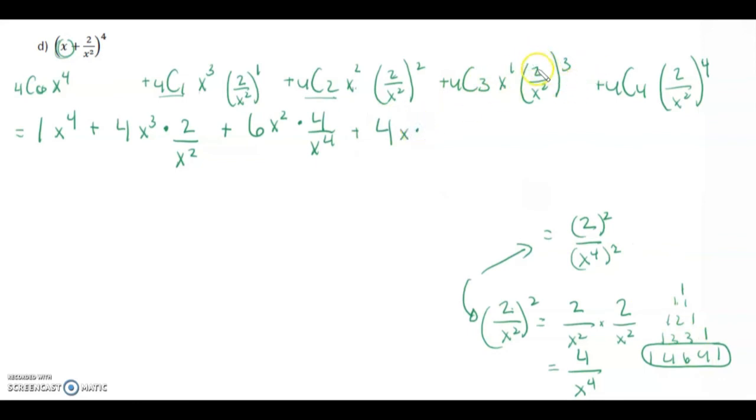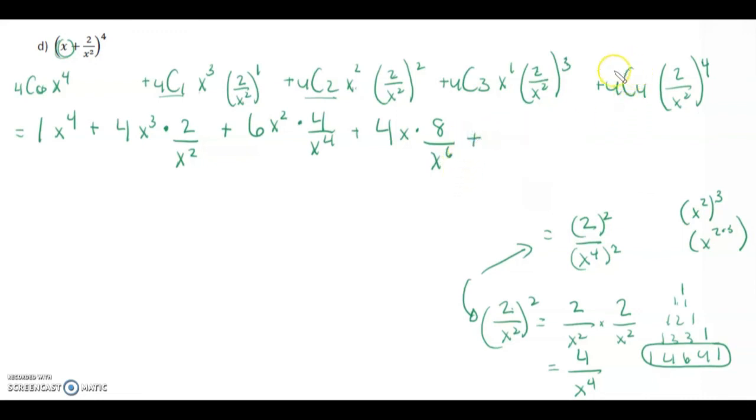Then let's do 2 cubed, so 2 and 2 is 4, 4 and 4 is 8, and then x squared to the 3. Just as a reminder, if we had x squared raised to the exponent 3, the exponent law is multiply. So this is x to the 2 times 3, so this is x to the 6.